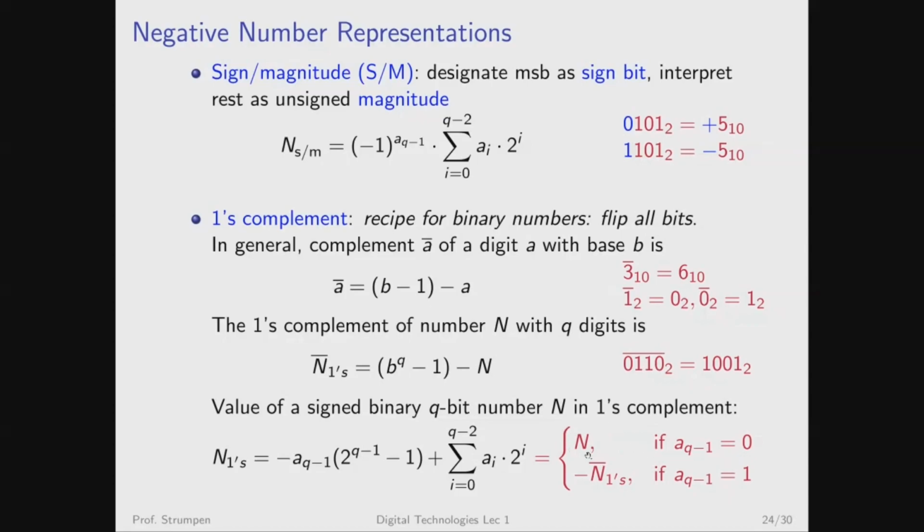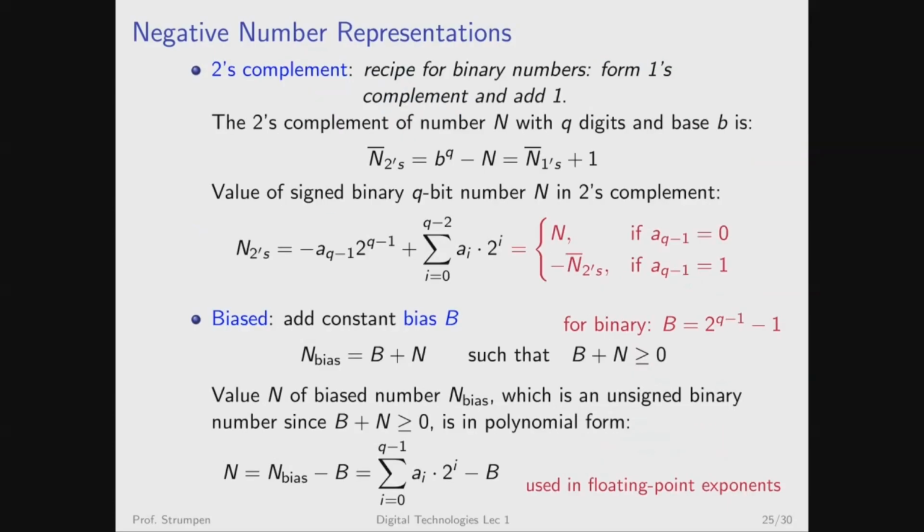So that is just N. If the sign bit is 1, we interpret the number as a negative number, and the magnitude of the number is the ones complement of the number. We'll see examples in a second.